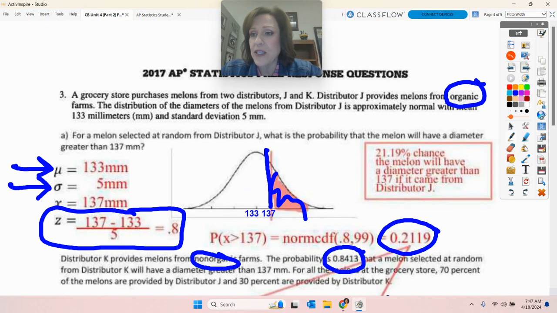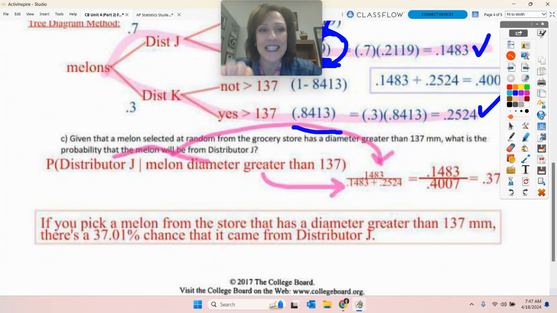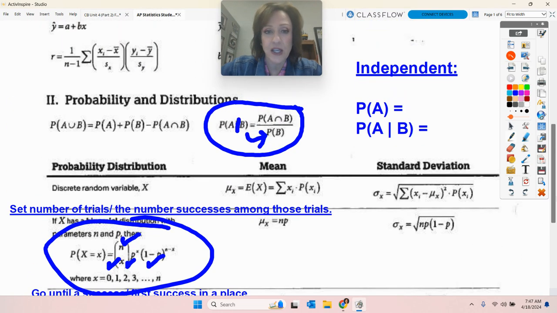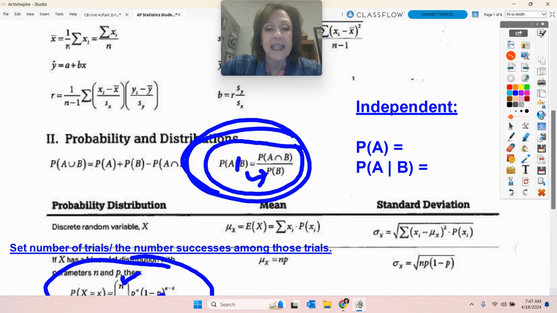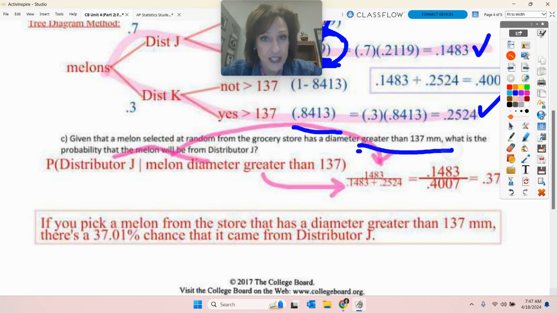All right, and then the last one, part C. Here we go. See, here's a given that, a conditional probability, a given that. So we're going to be using this formula here. Given that it came from, let's see what it said, given that it is greater than 137.